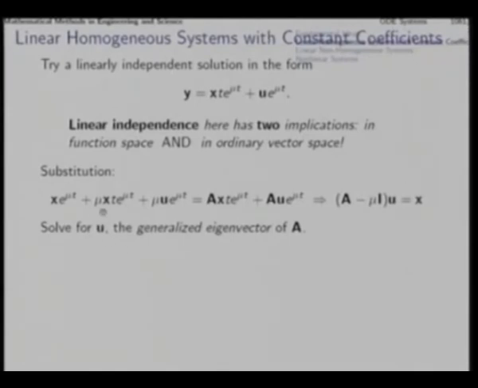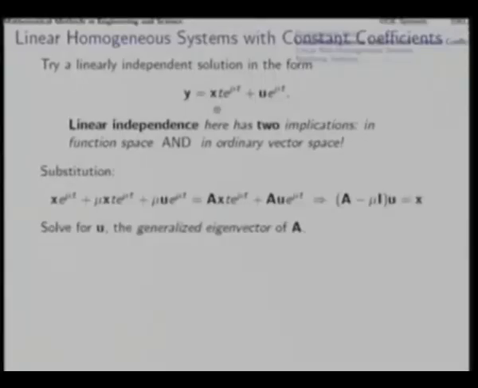So, we get u as the generalized eigenvector of the matrix, and that generalized eigenvector put here will give us a new solution of the homogeneous system of differential equations, which is linearly independent in both the senses. It is linearly independent in the sense of the ordinary vector space of x because of this vector, which is linearly independent of x, and also in the sense of function space because of this inclusion of t. So, this way we can construct additional linearly independent solutions to complete the basis.